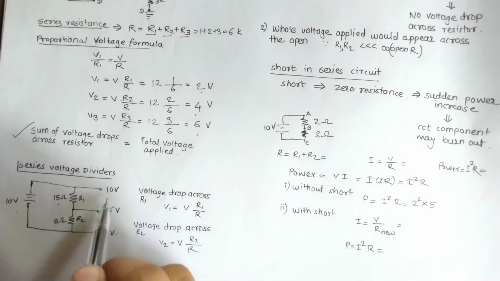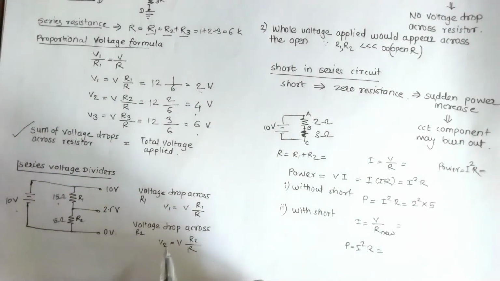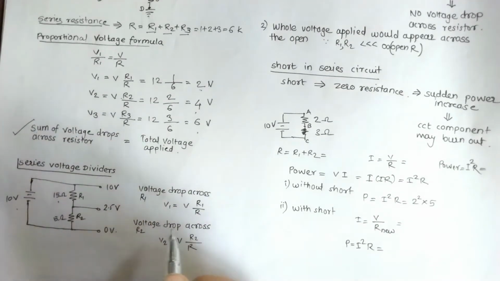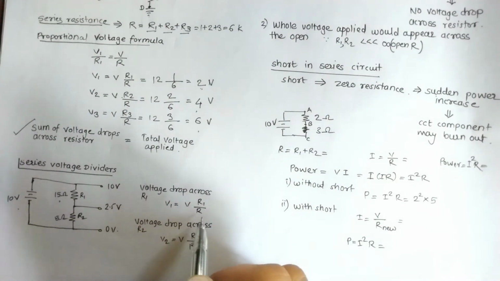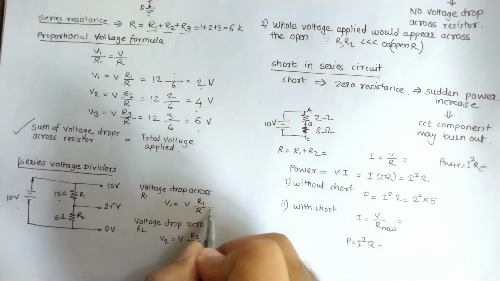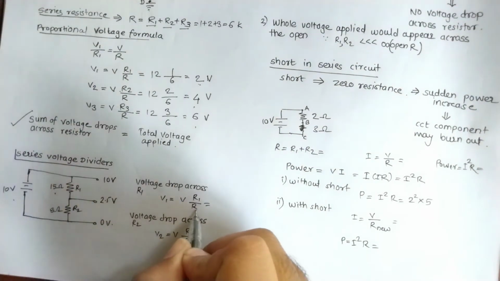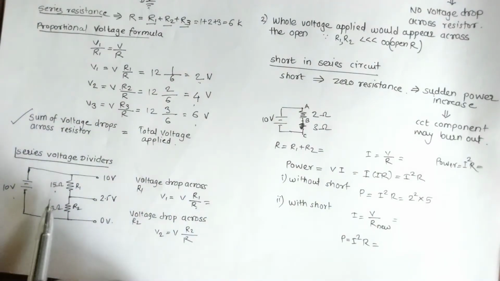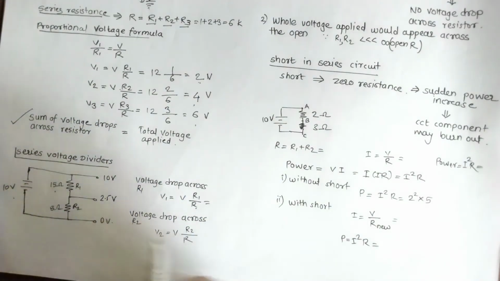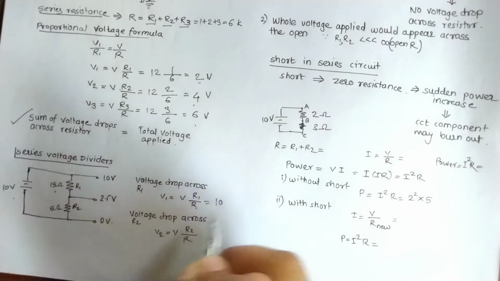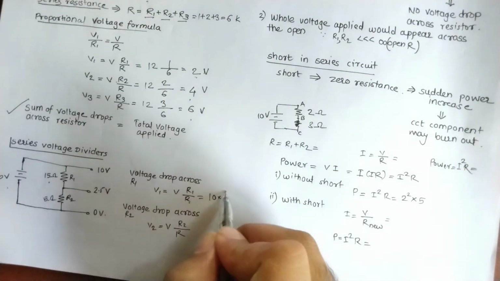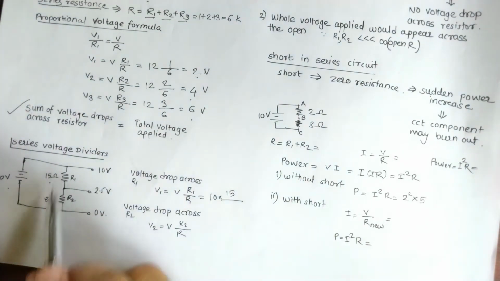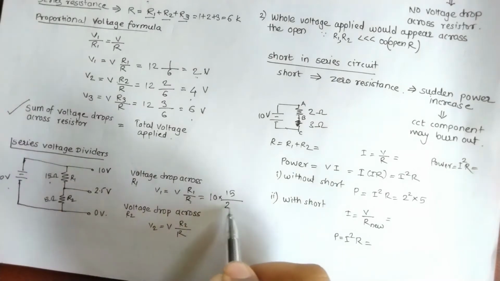The voltage drop across R1 can be found by the proportional voltage formula. So V1 is equal to V into R1 upon R. Here R total is the summation of these two resistances. So V is 10 volt into R1, which is 15, divided by the total resistance, 20.